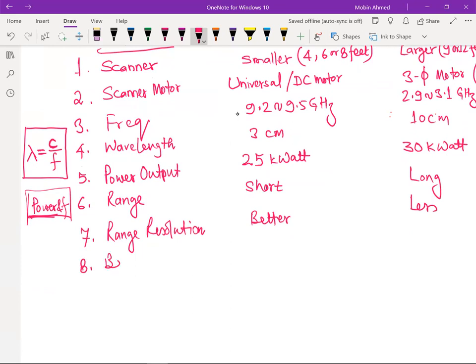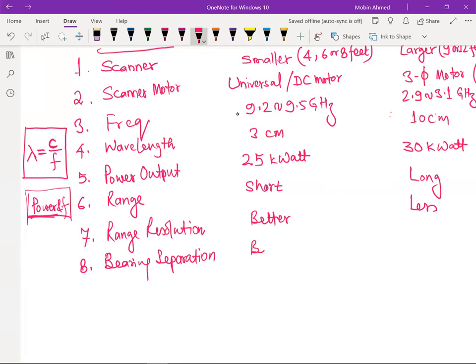8, bearing separation. Separation means, within the two targets, if both are nearby. Bearing separation means we can distinguish two targets better.